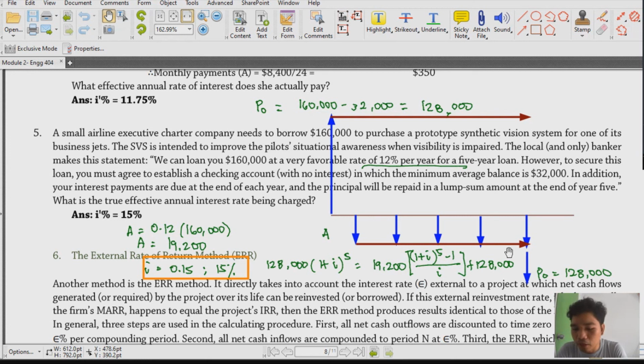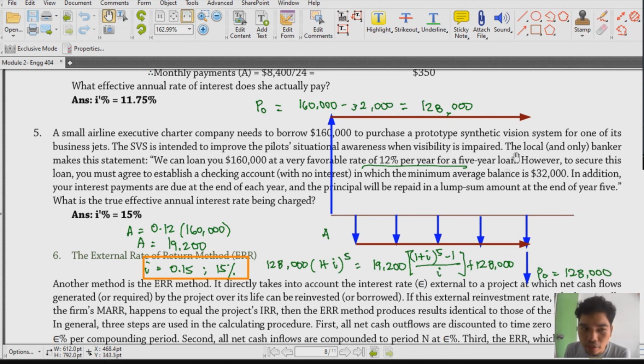But then you were charged another 128,000. So the total you paid, without any time value, is twice 128,000, which is 256,000. That's the best idea we can think about: 256,000 paid, amortized into 5 payments, where the hardest is the last payment, which is 128,000.